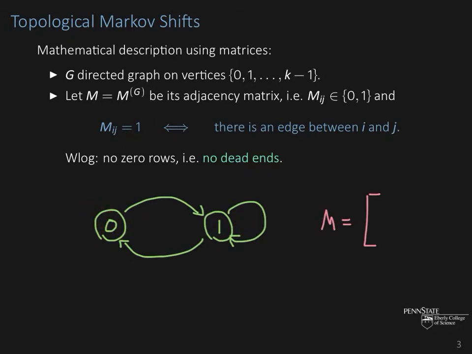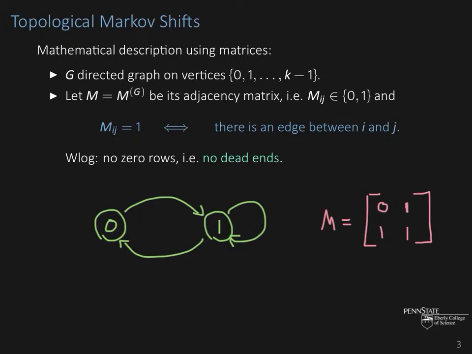So we will have an entry 0 here. But then there is an edge going from 0 to 1, so we have an entry 1 in the position 0, 1. And we also have an edge going from 1 to 0, so we have an entry 1 here, and we have a loop going from 1 to 1. So this would be the matrix corresponding to our graph.